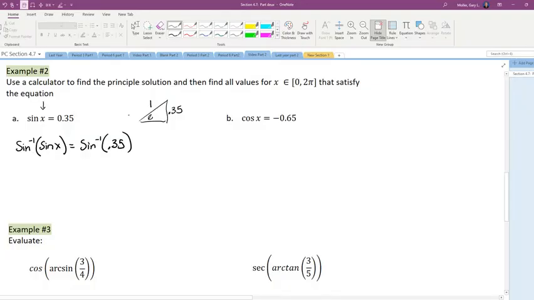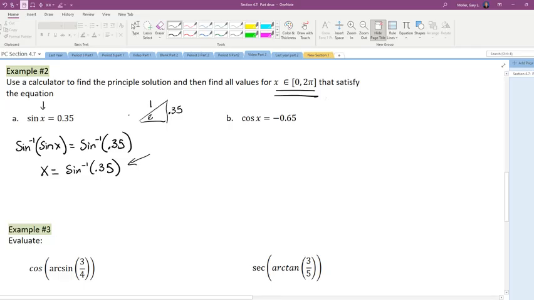The sine and the inverse sine cancel out, leaving me with x equals, and now I need to answer this question. But since I'm looking at this question, this is going to return one answer. It's not going to find me all the answers between 0 and 2 pi. It's going to give me one answer, and then I need to use my brain to find out all the other possible answers.